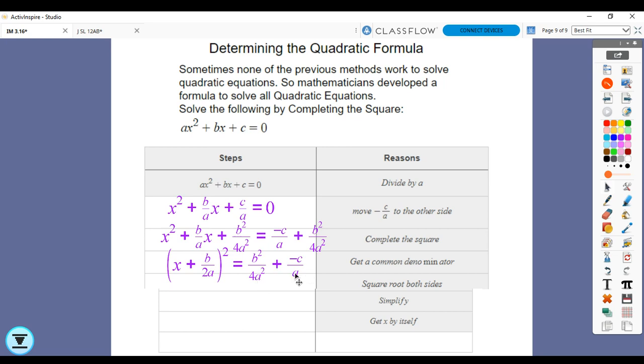Okay, now we need to get a common denominator here. So I'm going to multiply this by 4a top and bottom, times 4a top and bottom. And so I'm going to put this all over 4a squared.